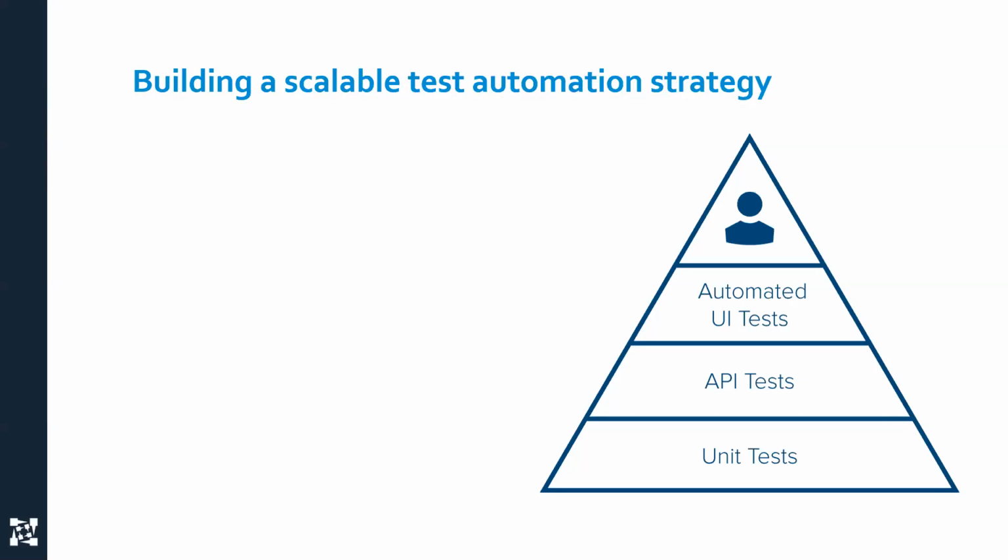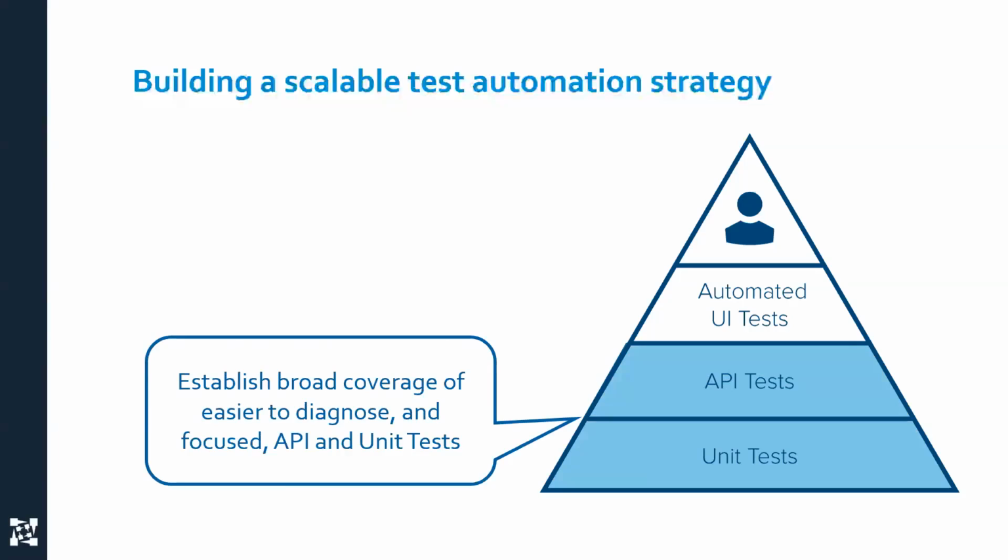Okay, so to ensure that we have a stable test automation strategy, we need to look at the blueprint for building that portfolio of tests, which is the testing pyramid. The testing pyramid talks about how we should structure our portfolio of automated tests, starting with a foundation of unit tests and API tests, validating our business logic as close to the code as possible.